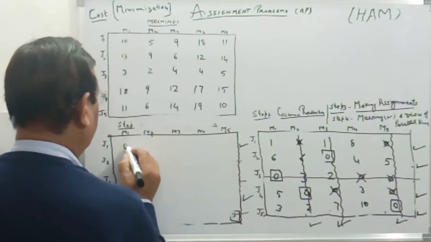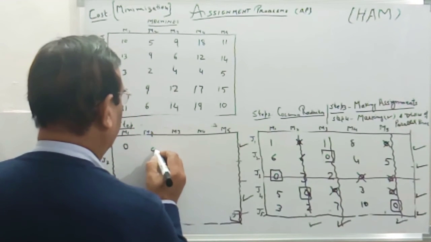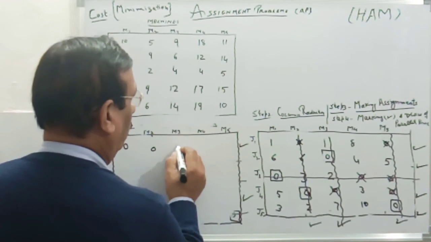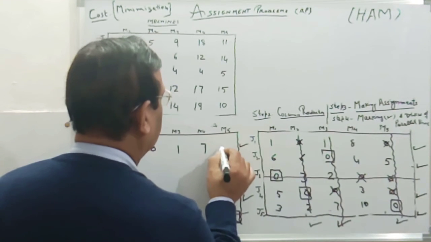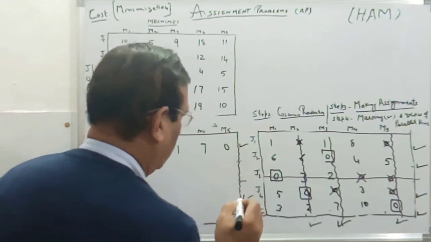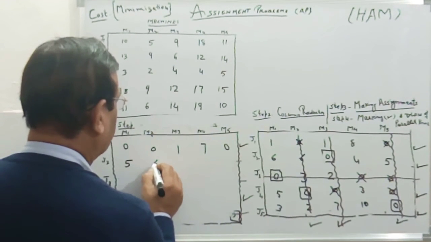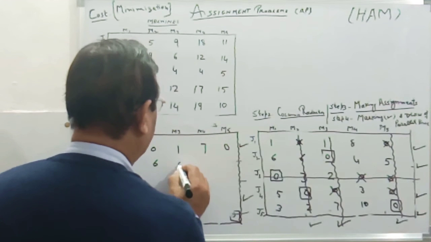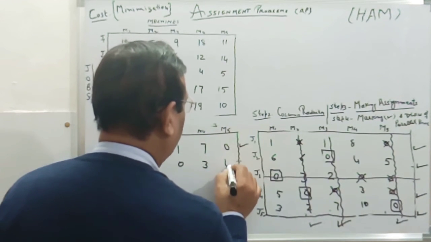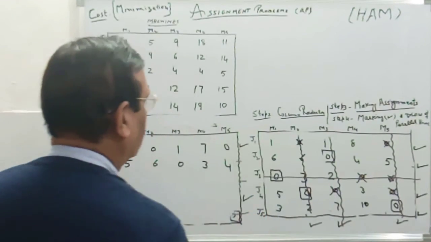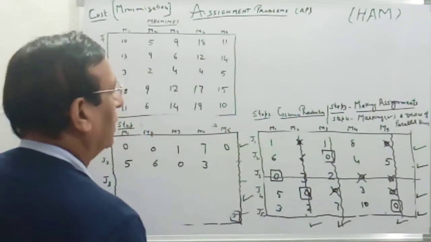So 0, 0, 1, 7, 0. Now 5, 6, 0, 3 and 4. This 5 is covered, 5.